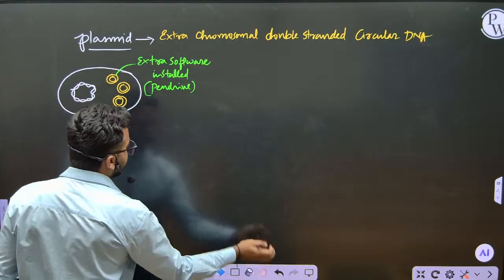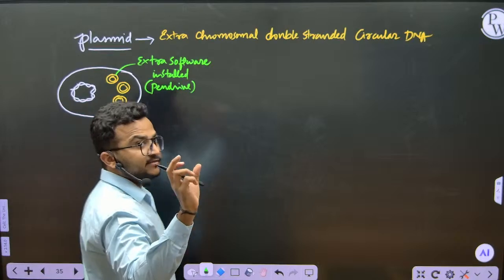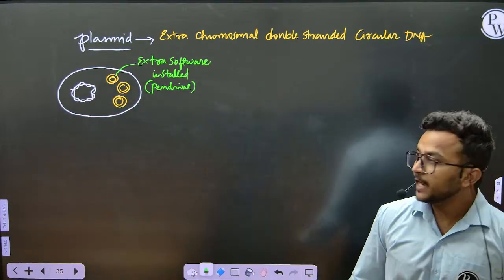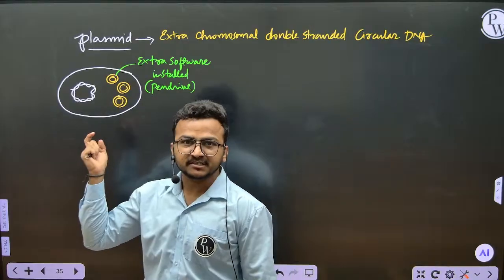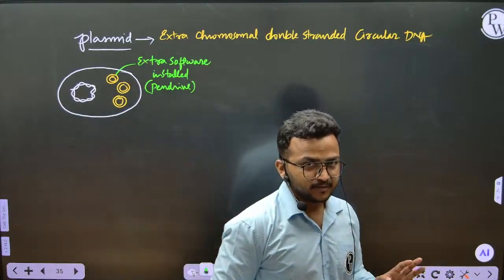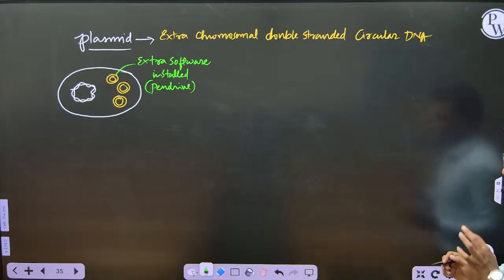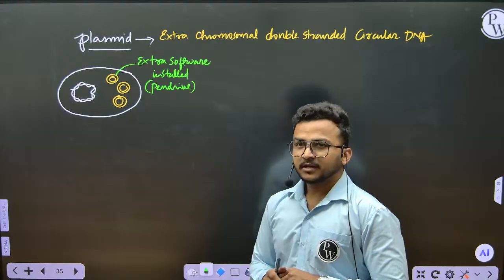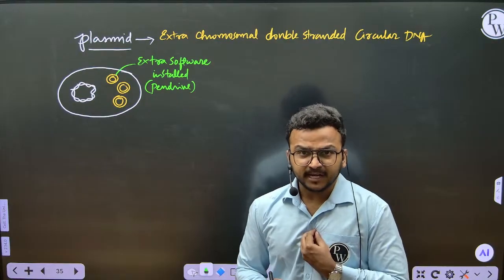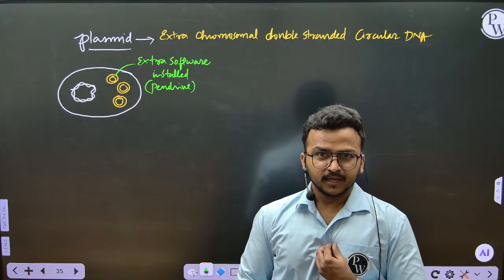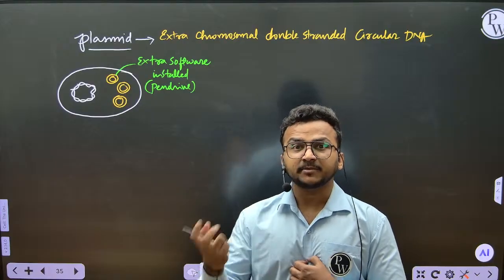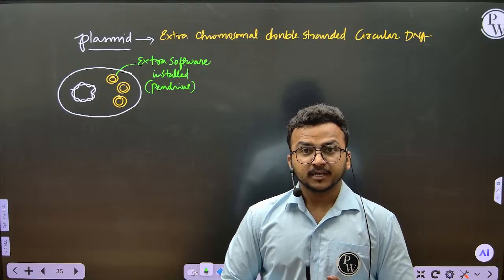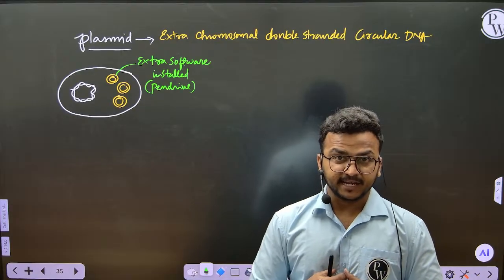In some bacteria it will be there, in some bacteria it won't be there, and the bacteria which have these features will survive. You can take an example. When we get infected with bacteria, we take antibiotic tablets.